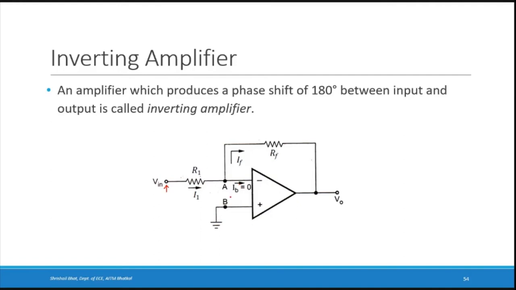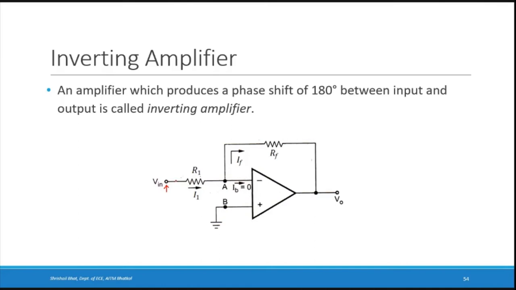From Kirchhoff's current law, you know that the current entering a particular node is equal to the currents leaving that node. If you take this node A, the current entering is I1 and the currents leaving are one is IB and another one is IF. But IB is the current entering into the op-amp, that is 0.